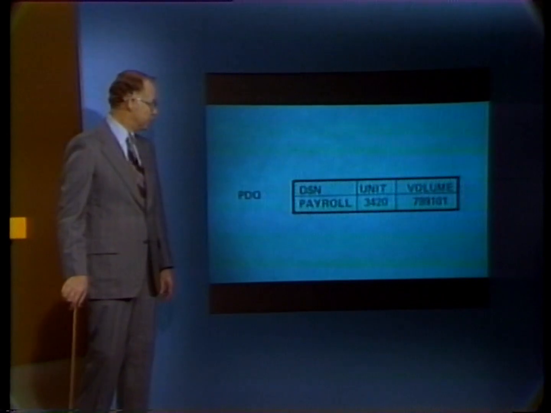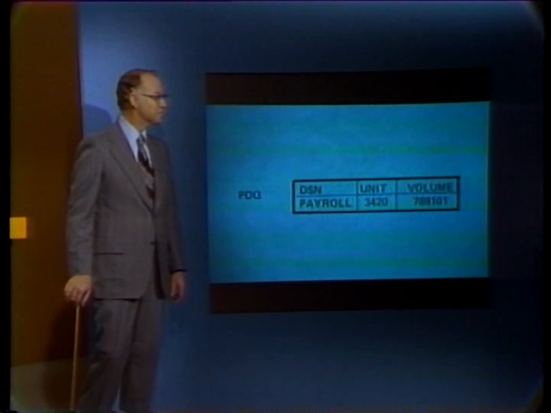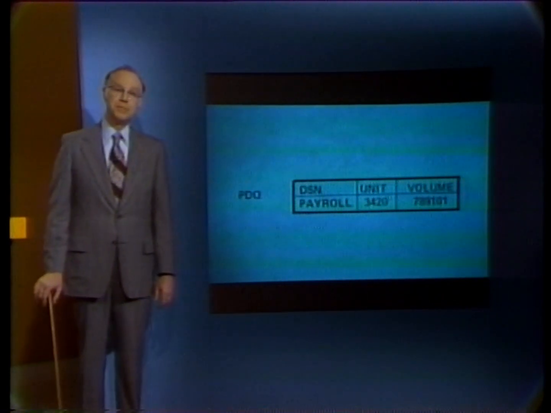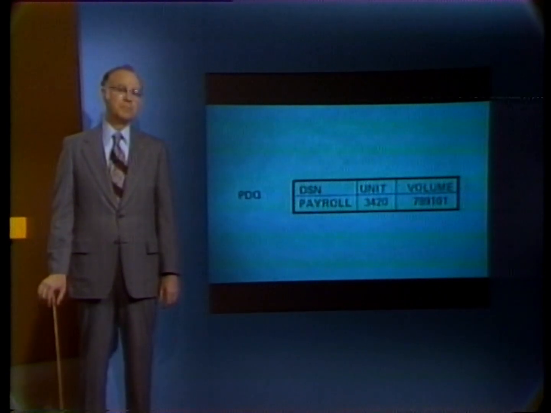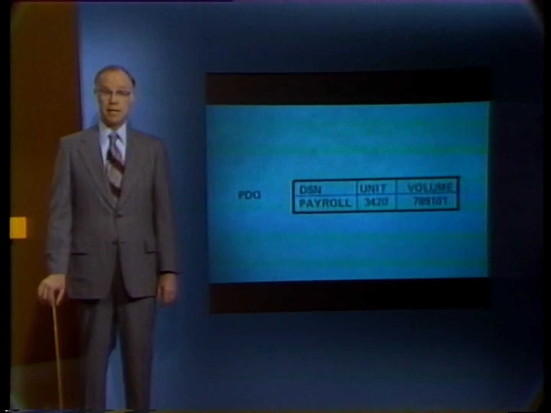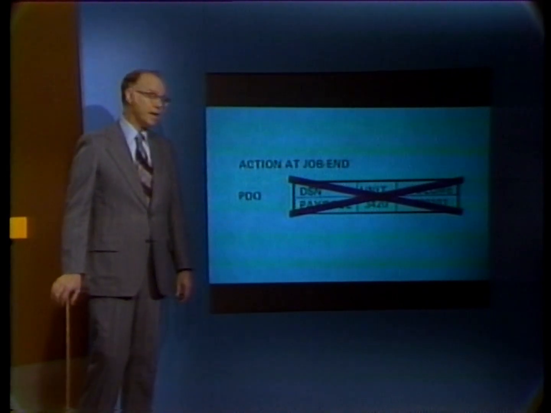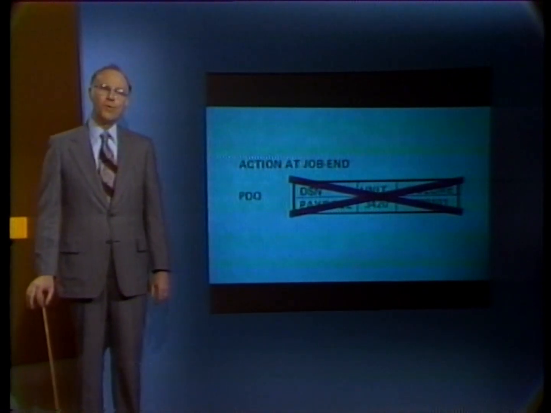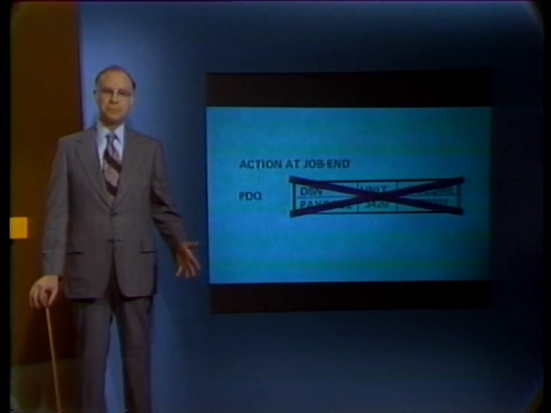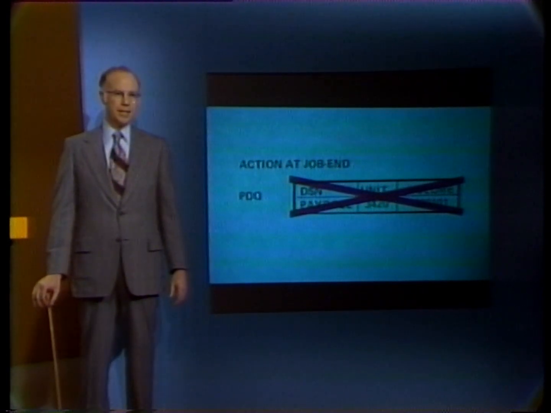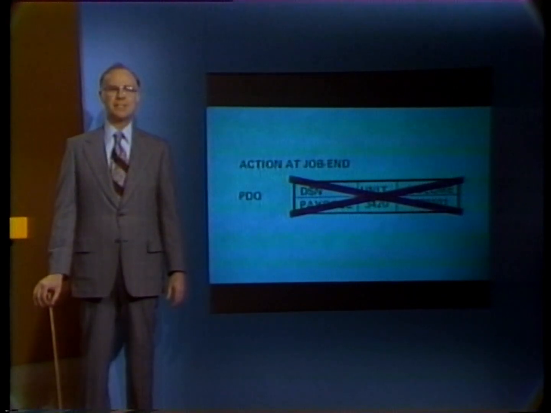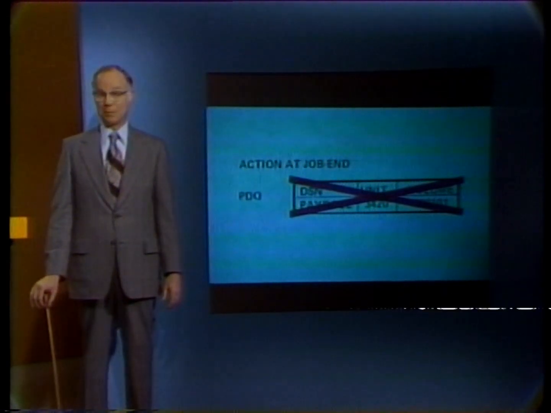What happens to the PDQ at job end? The PDQ is not kept beyond a job, and at job end, it is automatically deleted. Therefore, OS constructs the PDQ each time a job is run, and when no data sets are passed in a job, OS doesn't construct a PDQ at all.